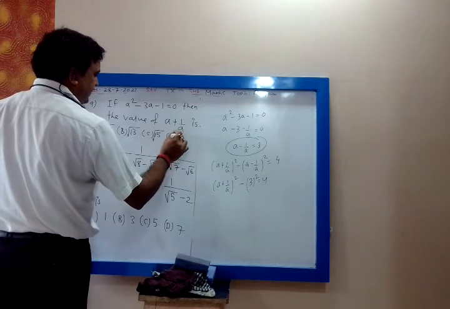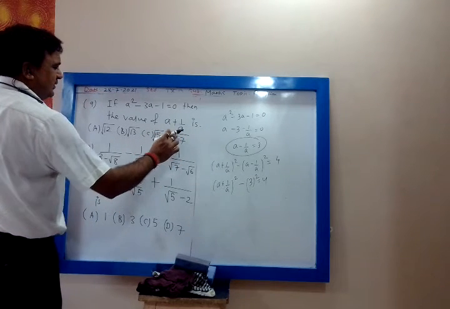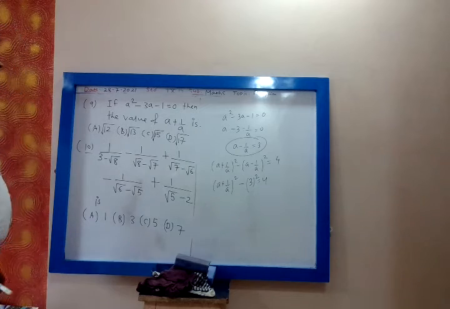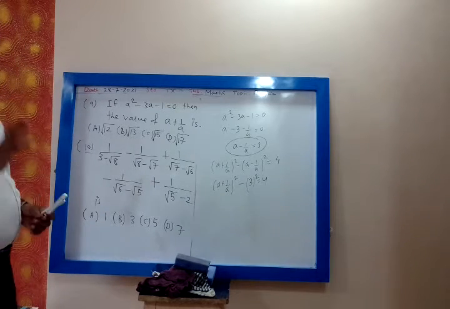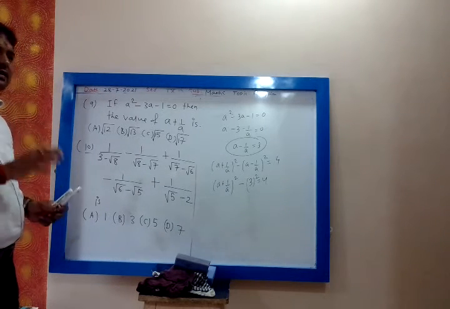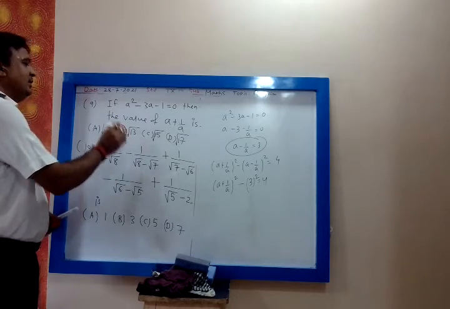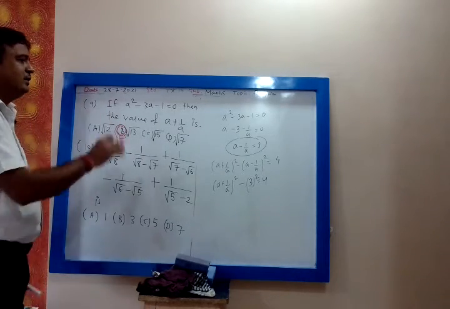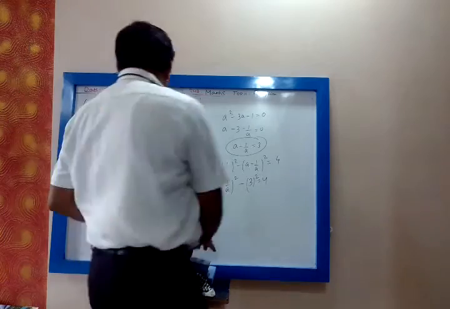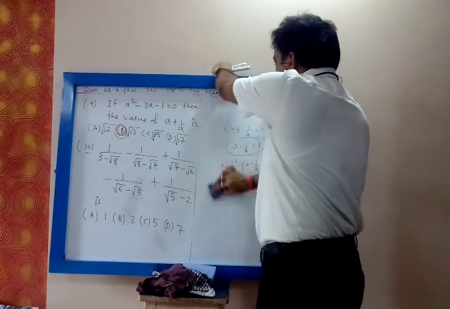This you write root 17. Now which is the correct answer? B. Does not matter. Even if one answer is given in the option, you can take that. So B is plus minus root 13. Okay. So very good. Now go for next.